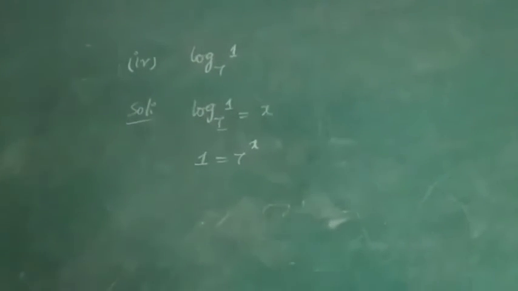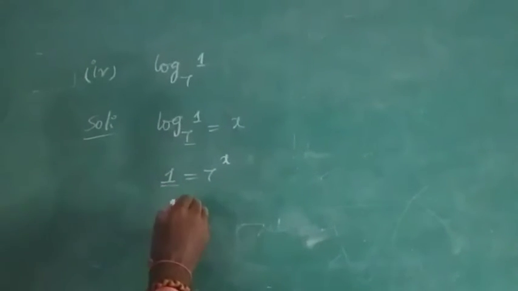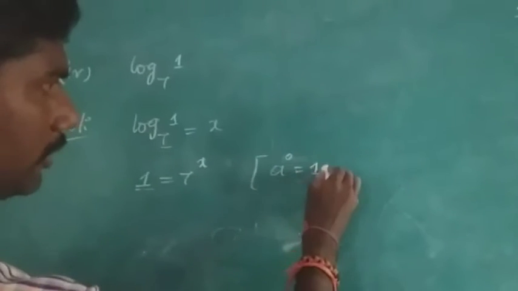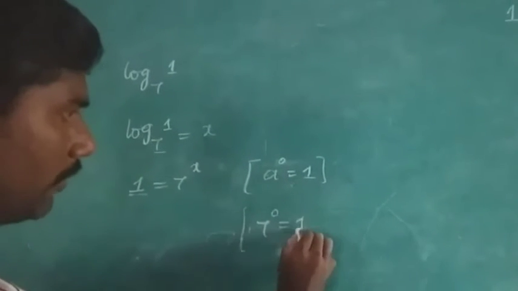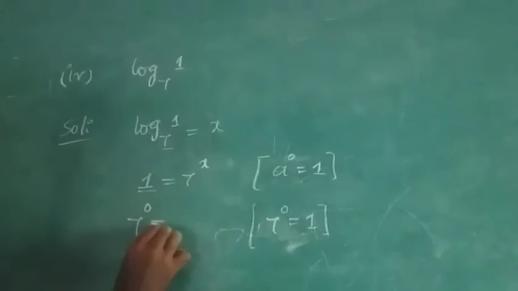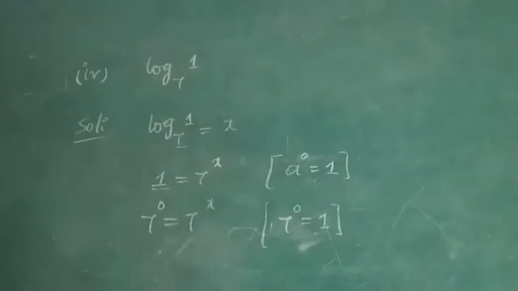Once you concentrate clearly, this 1 you can write as 7 to the power of anything. Yes, there is one formula you are able to write: a to the power of 0 value is 1. Therefore, 7 to the power of 0 value is also 1. So 1 you can write as 7 to the power of 0 is equal to 7 to the power of x.